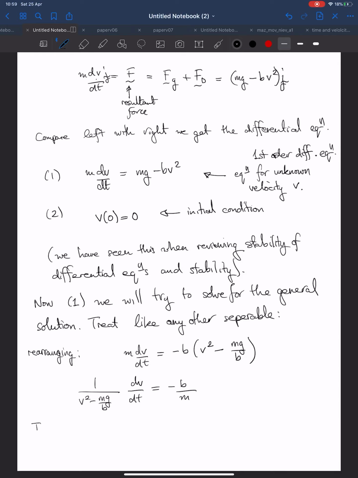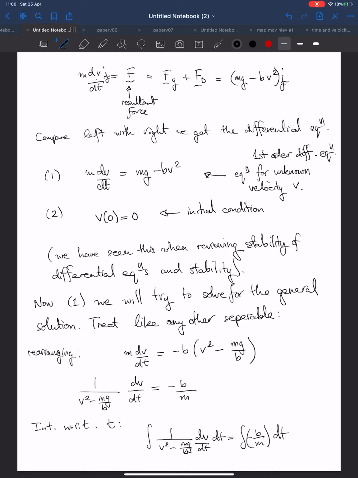And then we just integrate with respect to t. So I integrate 1 over v squared minus mg over b, dv by dt equals integral minus b over m dt.